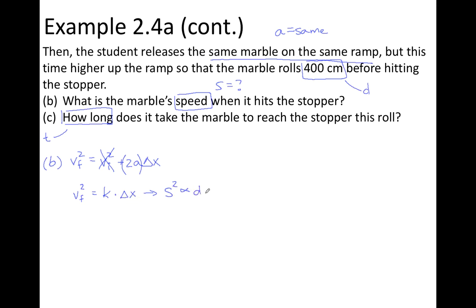Displacement and distance are the same thing for straight line, one-dimensional motion. And so now we can use this relationship to set up a scaling equation where the ratio of speeds squared is equal to the ratio of distances.